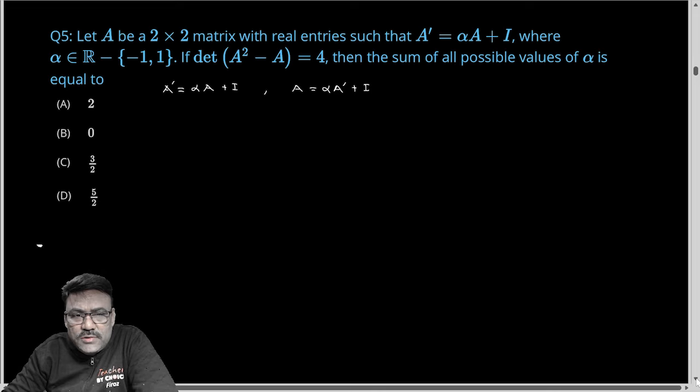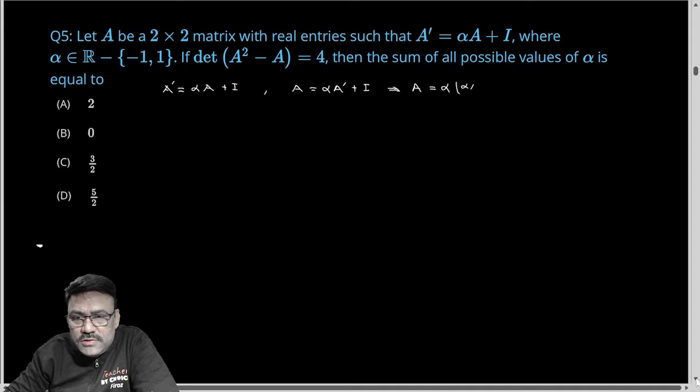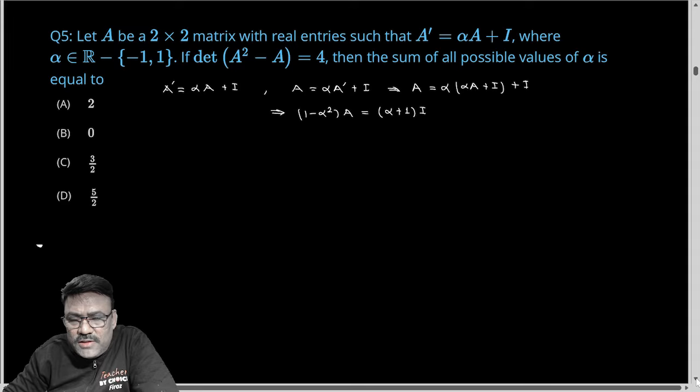So it becomes A equals alpha A dash plus I. Now if I put the value of A dash here, from the given equation A dash is alpha A plus I, and again plus I. So this gives you (1 minus alpha square) multiplied with A is alpha I plus I, that is (alpha plus 1) I. Now this 1 minus alpha square can be factorized as (1 plus alpha)(1 minus alpha).